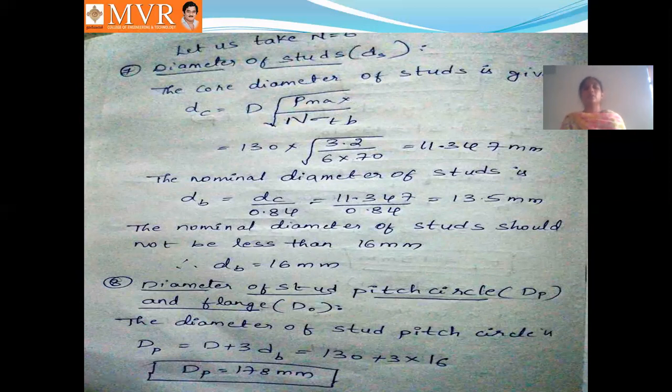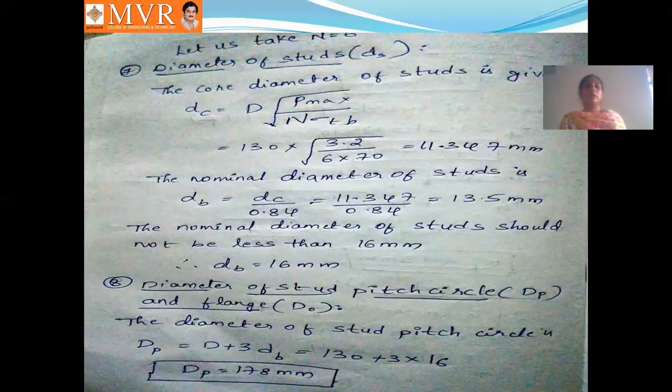Next, seventh one, diameter of studs. Diameter of studs is nothing but the core diameter of studs, given by DC. DC is equal to D root of P max by N sigma TB, where D is diameter, maximum pressure, N number of studs, and allowable stress.